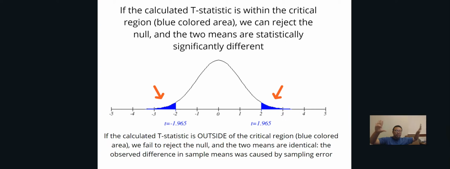So rejecting the null hypothesis means that there is a statistically significant difference between male's mean income and female's mean income.